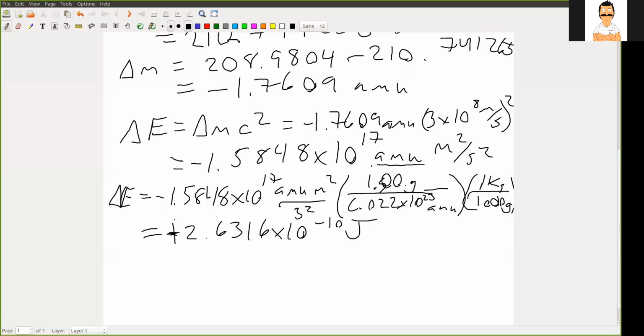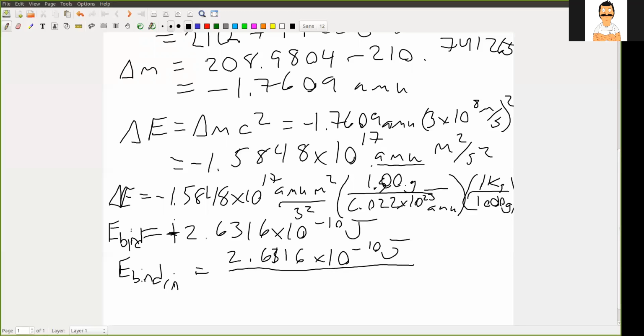Now, to get the binding energy per nucleon, we're going to call this E bind per nucleon. It is going to be equal to 2.6316 times 10 to the minus 10 joules divided by the total number of nucleons.